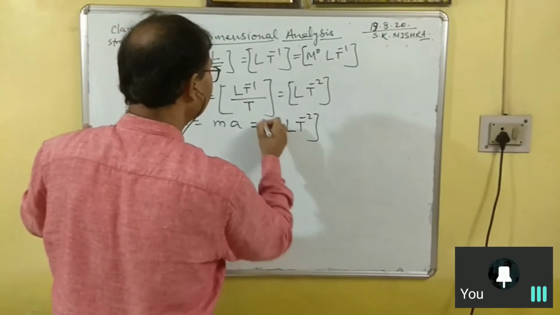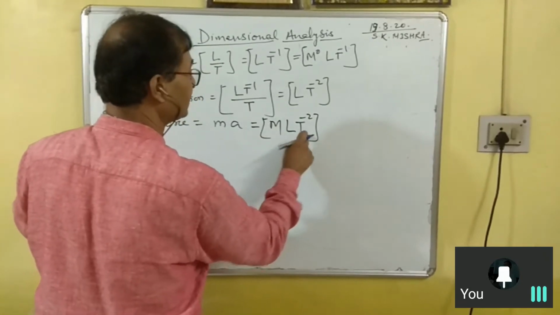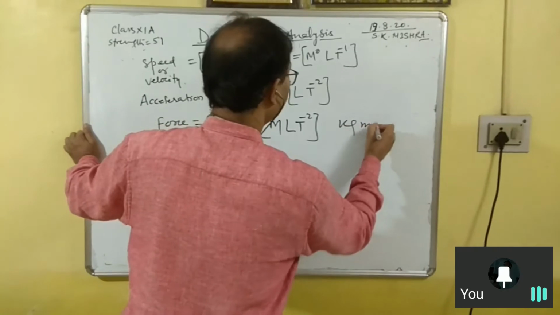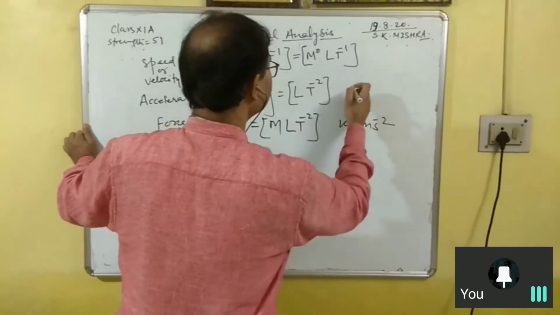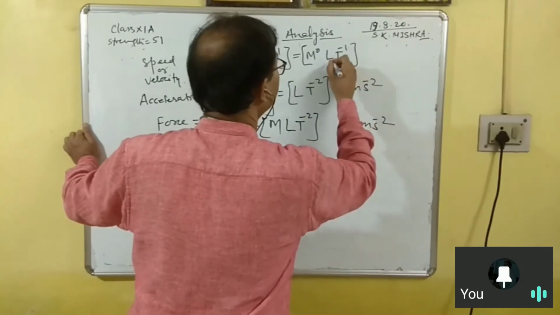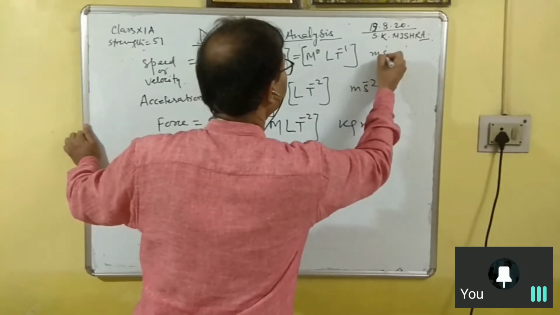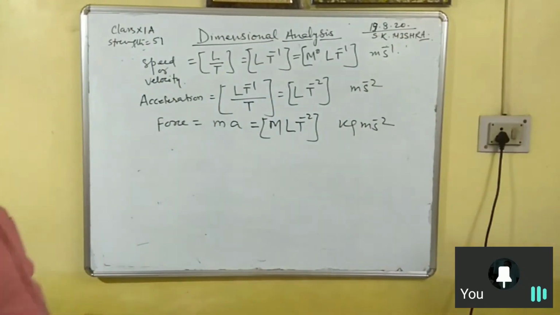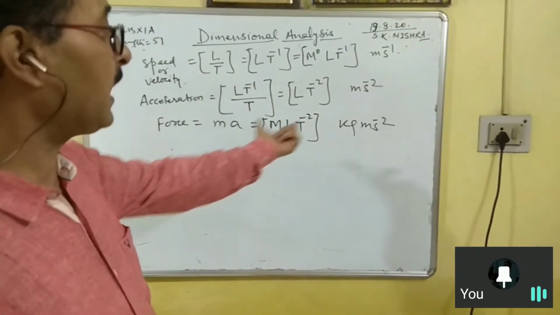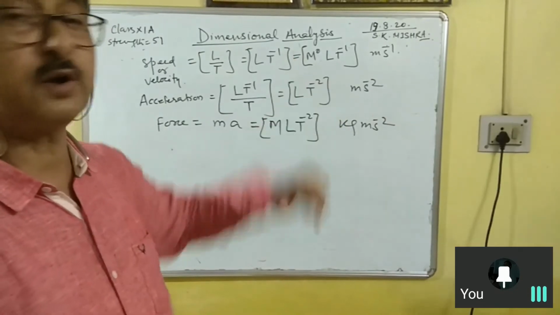You can write the unit also, kg meter per second square. What is the unit of acceleration? That is meter per second square. What is the unit of speed? That is meter per second. Just observing the dimension formula, you are able to write the unit also.